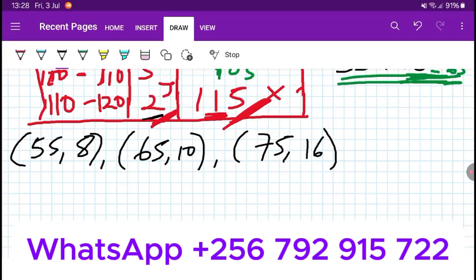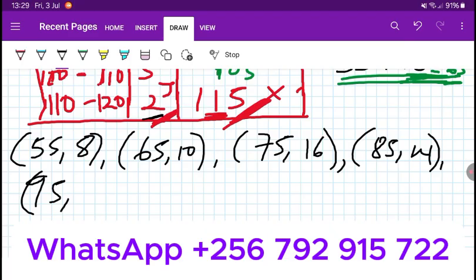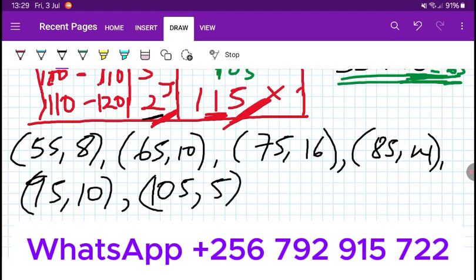That's the frequency for that class. Then 85 and 14, 95 and 10, then 105 and 5, and 115 with a 2.